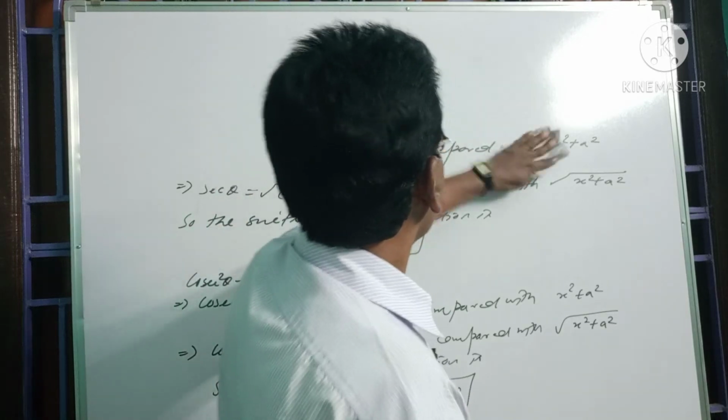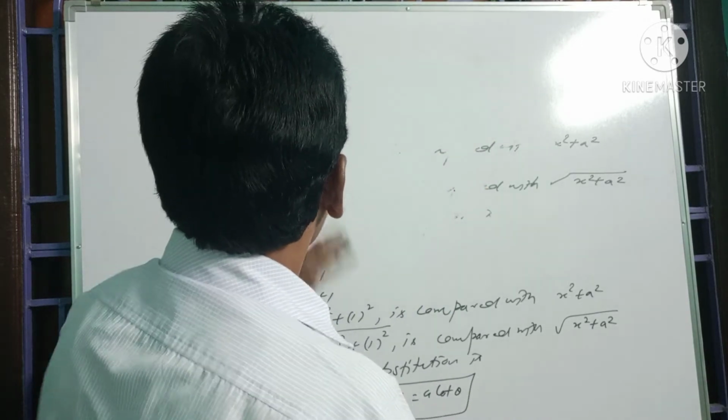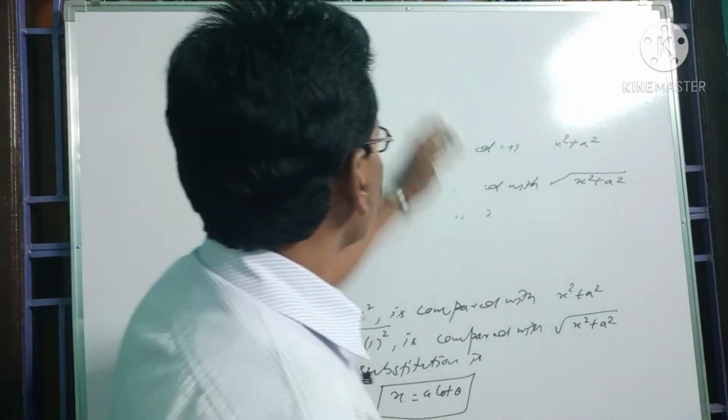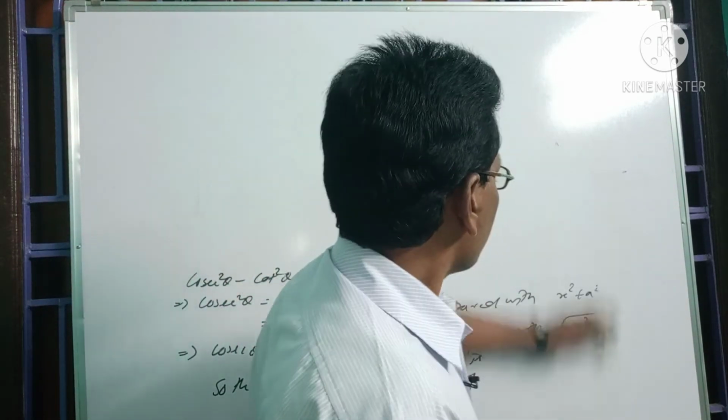Let us derive two formulas by substituting x is equal to a tan theta and x is equal to a cot theta.